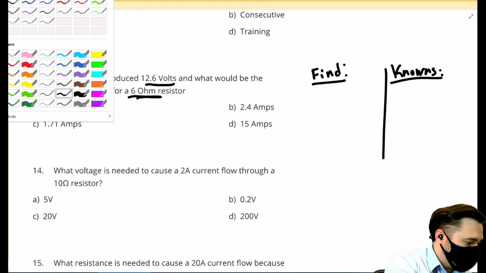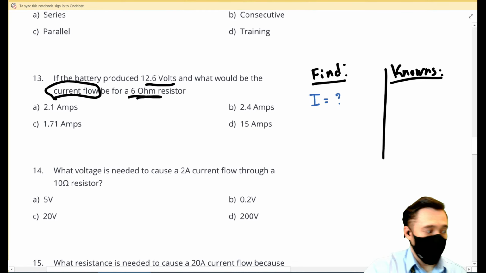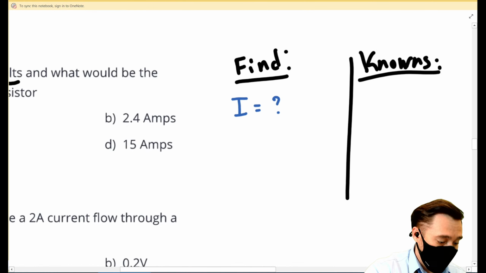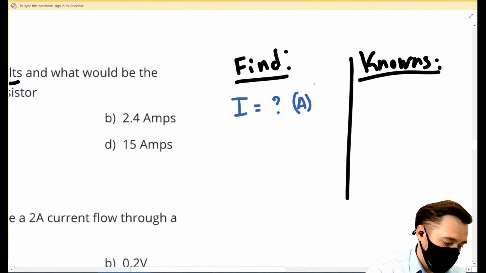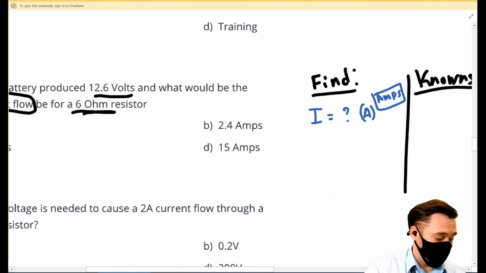Current is going to be represented by the letter I. So I is current, and that's what we're trying to find in this particular problem. And this is going to have units of amps. Cool. So that's our find. How many amps is going to be going through this circuit?